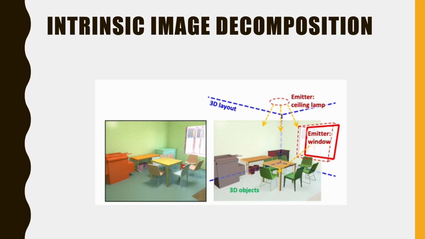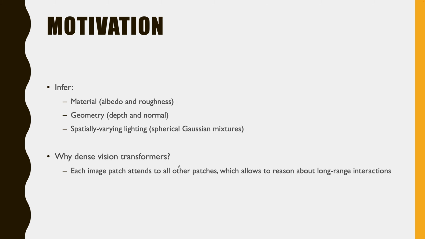And usually many different combinations of lights and objects can generate the same pixel color, so it's really challenging. But there are many methods being proposed in the last few decades, and recently there's been a huge advance in this field, and let's see today what transformers bring to the table.